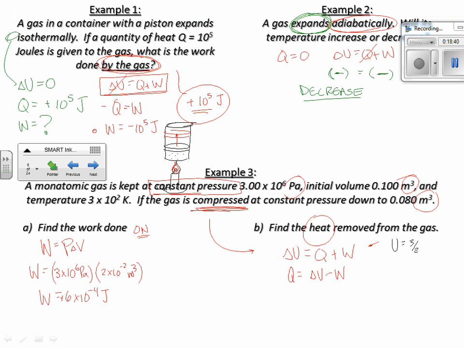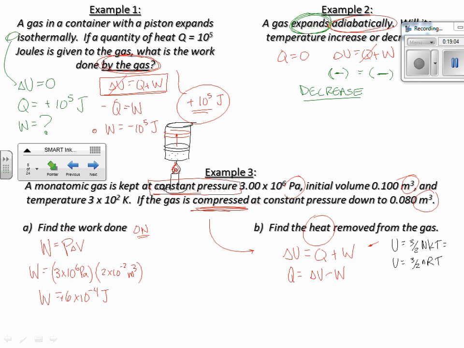Because I know that U is 3/2 nRT, or 3/2 NkT, and I have this temperature. But I don't know how many moles or how many particles.